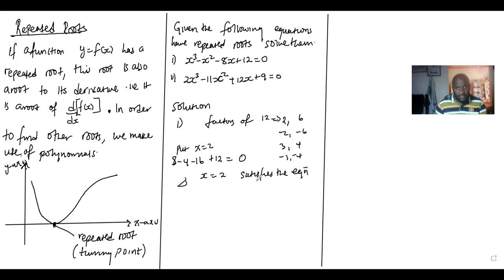So if it satisfies the equation, one other way you can predict that very fast is using a calculator. You know how to use a calculator? Do you have smart calculators with you? Yes.